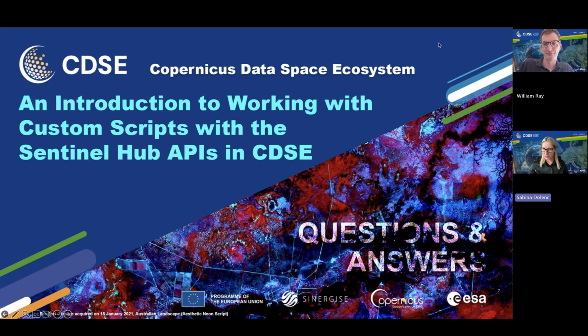Then we have another question in the chat. Is there any index used to compare pre and post-earthquake data for detecting building damage? As far as I know, not for building damage. It's something that you could develop if you want. But currently that's not something that is available in the custom scripts repository.